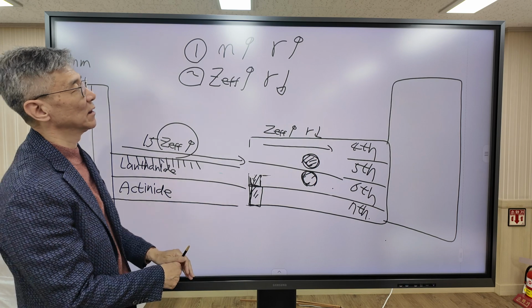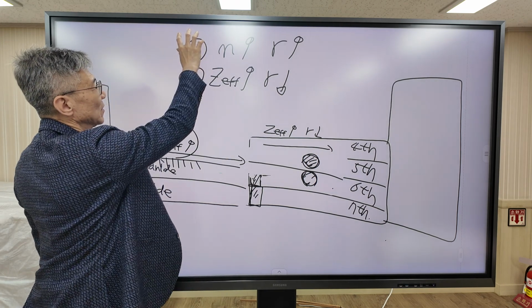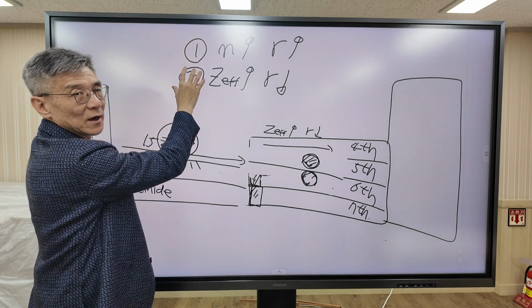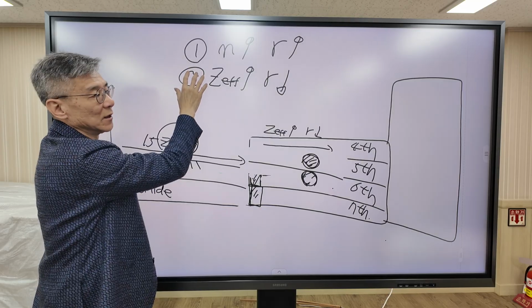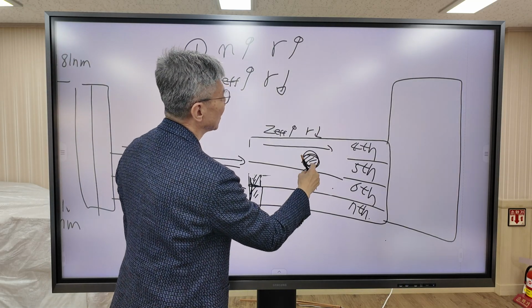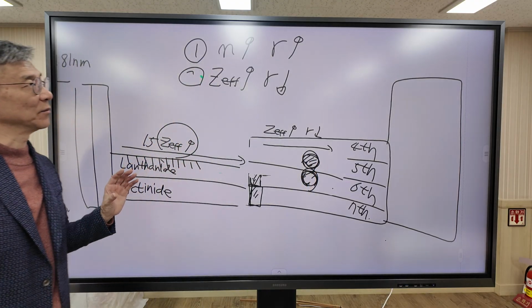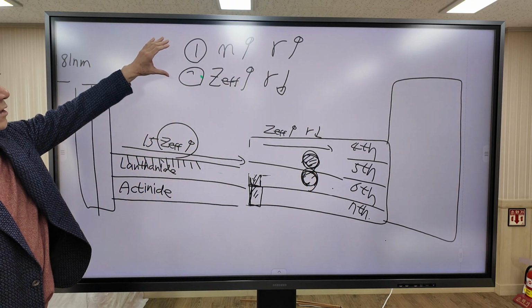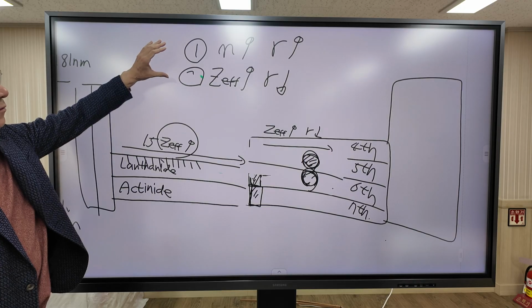But it happens that the first effect cancels the second effect almost perfectly. So the radii of the two elements are almost identical because these two effects cancel perfectly.